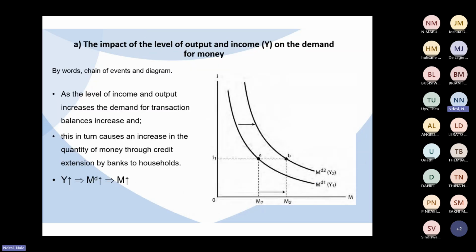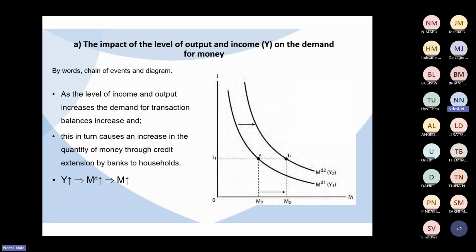We should be able to explain this by words, chain of events, as well as the diagram. As the level of income and output increases, the demand for transaction balances increases, and in turn, this causes an increase in the quantity of money through credit extensions by banks.